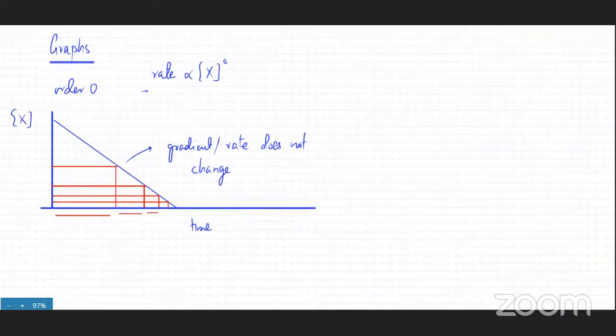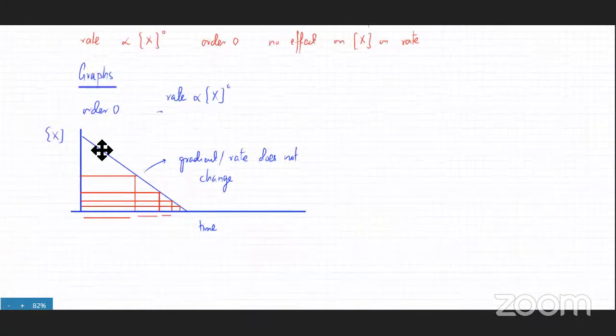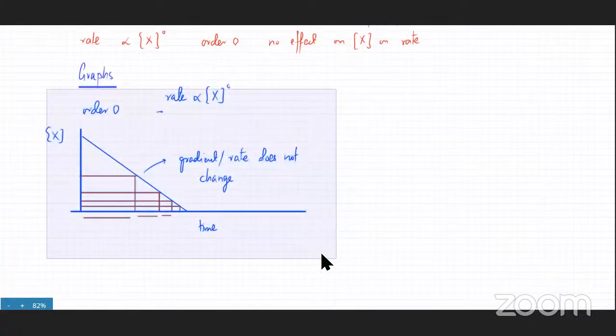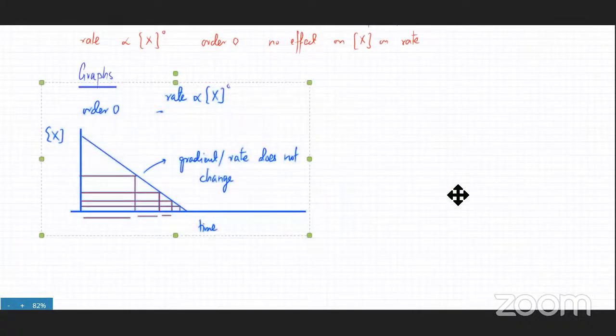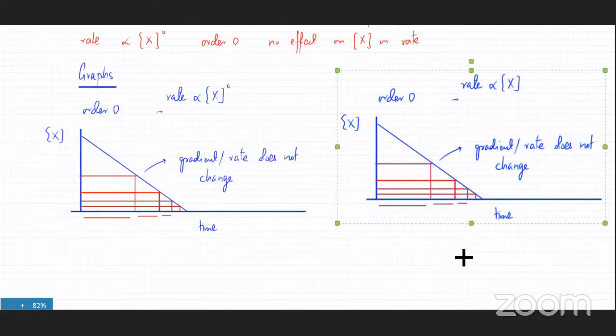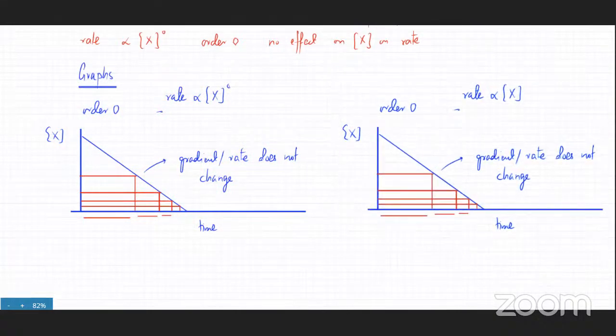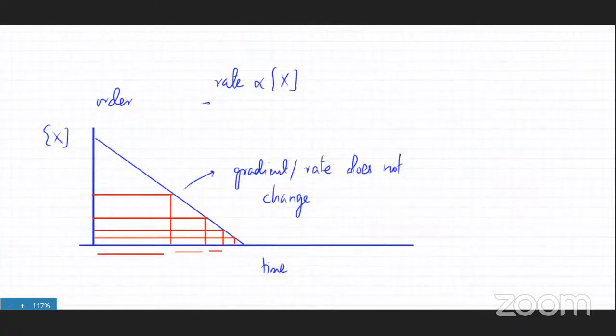अब इसी तरह you've got order 1. अच्छा, अब order 1 में क्या difference होगा? Now rate is directly proportional. If the reaction proceeds and the concentration decreases, the reaction would slow down.